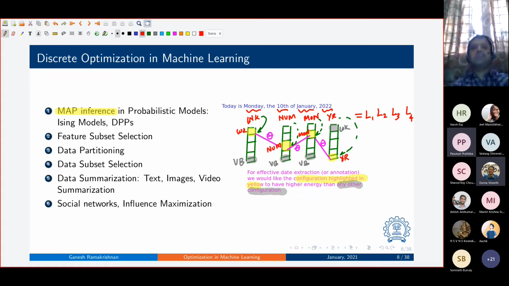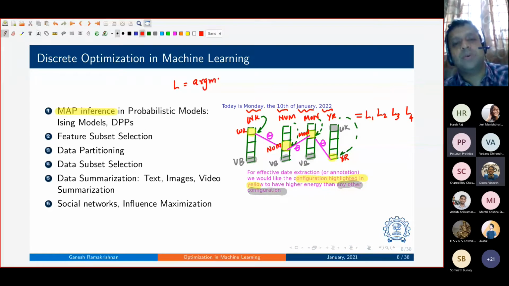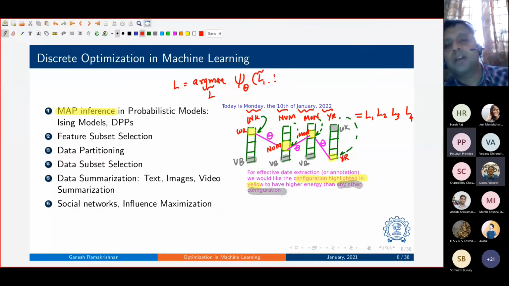So I want a configuration of these L which is the one that maximizes over all possible L tilde. Now each configuration L tilde leads to some energy. So this is an energy xi associated with the parameters theta. This is a potential function xi associated with these parameters theta, which is a function of the label sequences L1 tilde, L2 tilde, and so on.